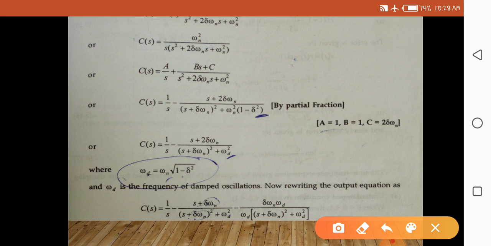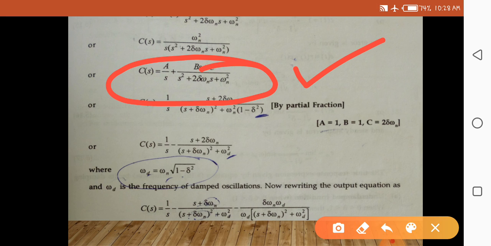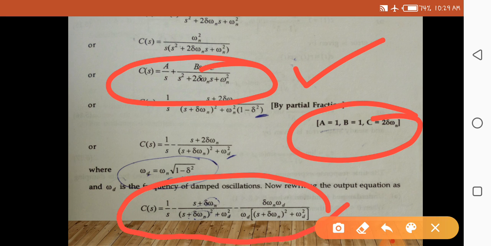Taking partial fractions of this, A, B and C are produced as this. So put the values of A, B, C, and the output equation is generated as this.